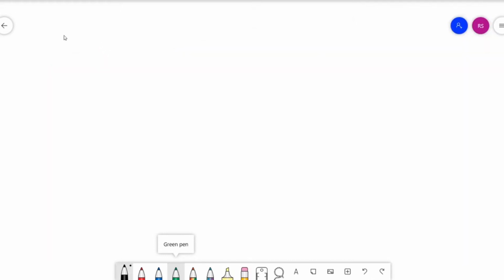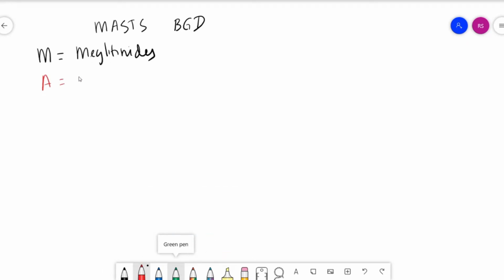The mnemonic for this one is MASS BGD, or BGD, you can do that too. The M is meglitinide, and the A is alpha-glucosidase inhibitor. The first S is the sulfonylureas.